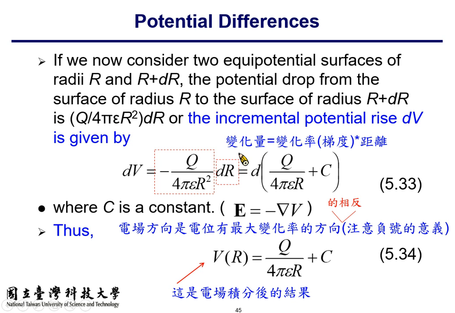From the field, we take the integration of the field to find the potential. As you can see, it's spherically symmetric as well, inversely proportional to r, and also proportional to the amount of charge Q.